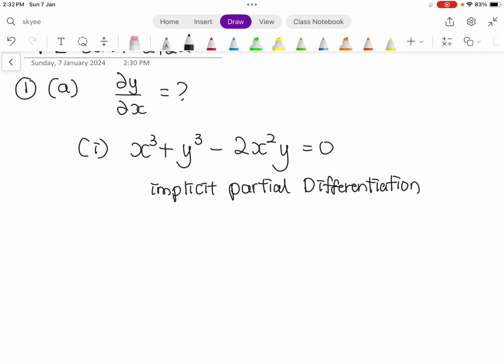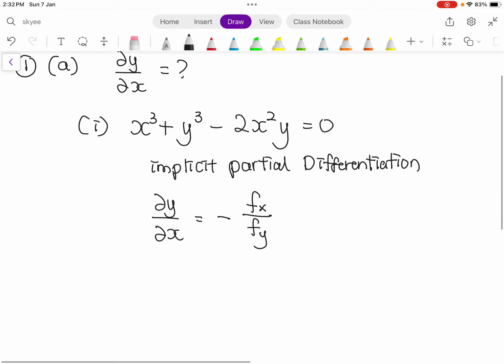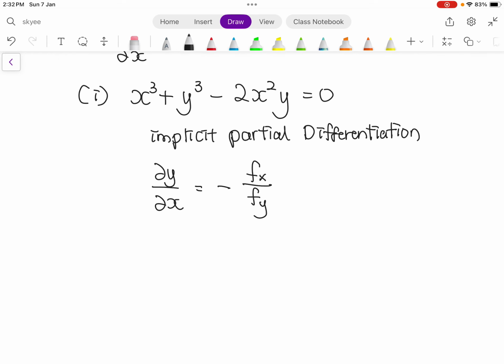Since we want to find the del y del x, the formula for this implicit partial differentiation will be negative fx over fy. So now let's look at what our f is. Our f is x power 3 plus y power 3 minus 2x squared y. So this is our f.